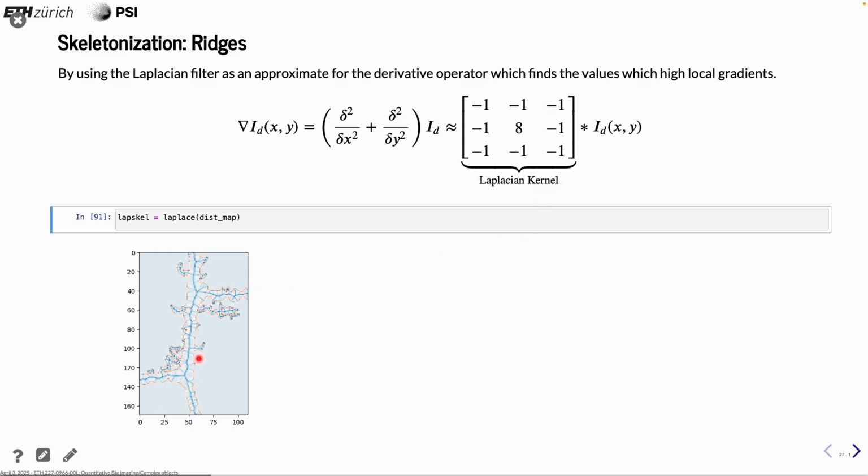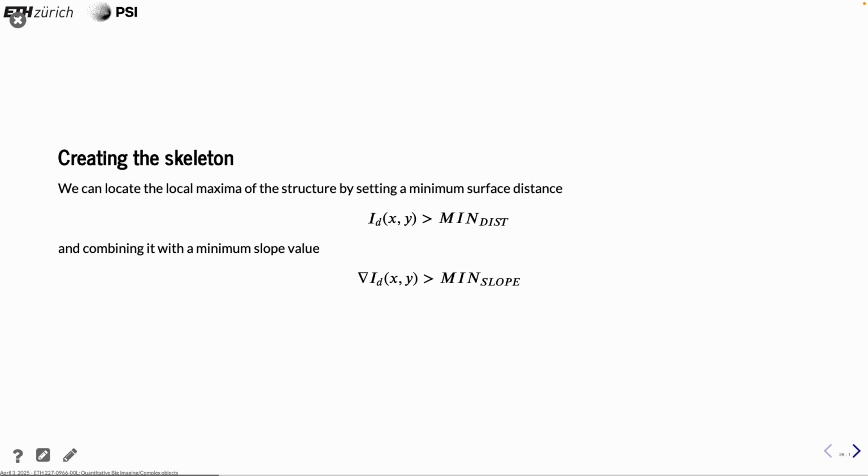And you see already in the darker blue something that could be a skeleton. Now, this is still a gray level image, so we need to do some thresholding in order to achieve our skeleton. So we filter on one side on the minimal distance that we want to allow, and on the other side we also want to filter on the slope that we want to allow.